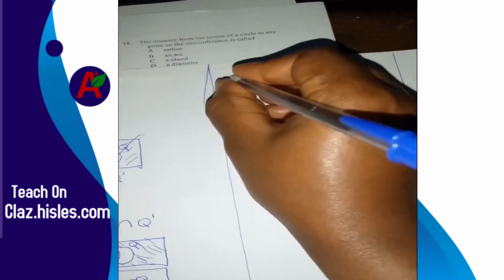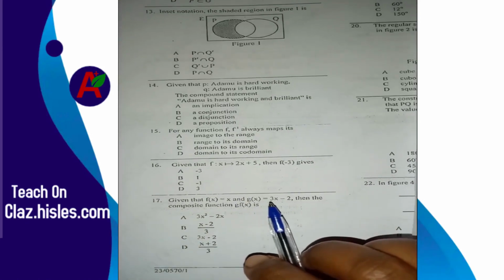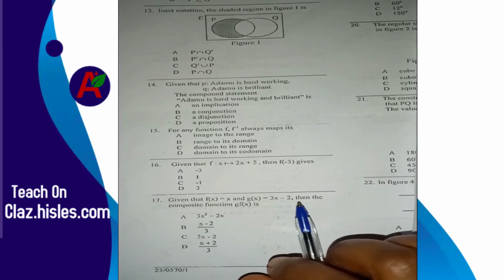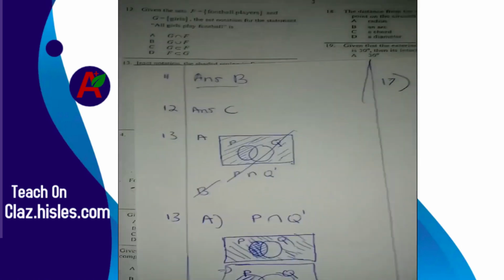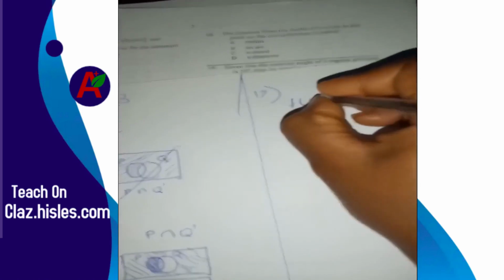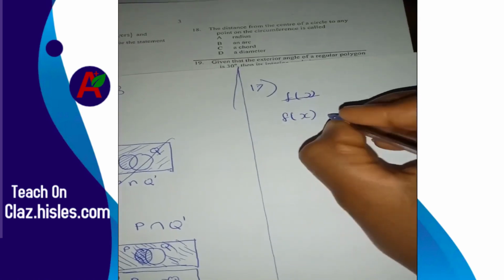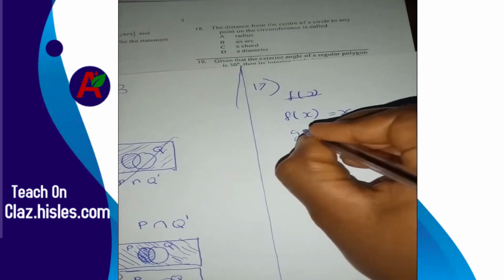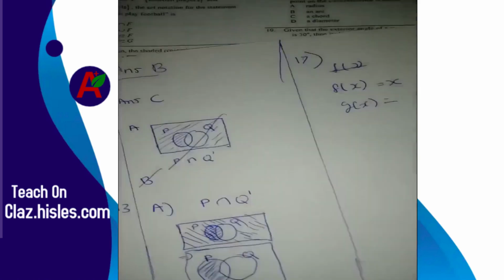Now number 17. Write it down. For number 17, given that f of x is x and g of x is 3x minus 2, then the composite function g of f of x is, I will write the functions down. So f of x is equal to x, and then we have g of x, which is 3x minus 2.